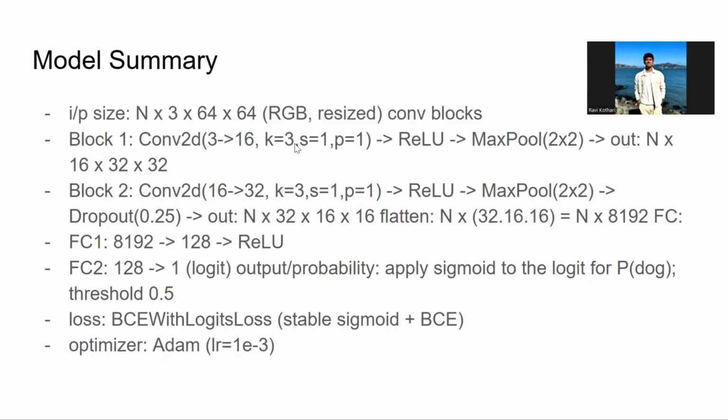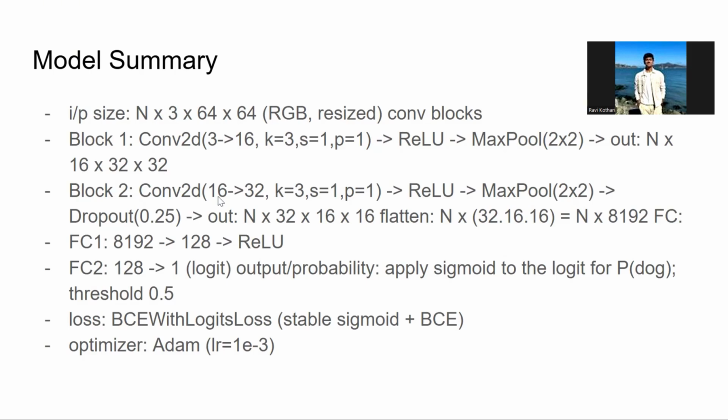The convolution kernel size is kept 3, the stride is kept 1, and the padding is kept 1. This convolution output is then sent into the ReLU function, and we then do max pooling to reduce the dimension, and we get the n cross 16 cross 32 cross 32 image.